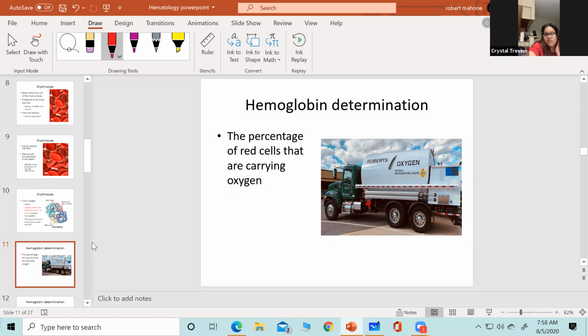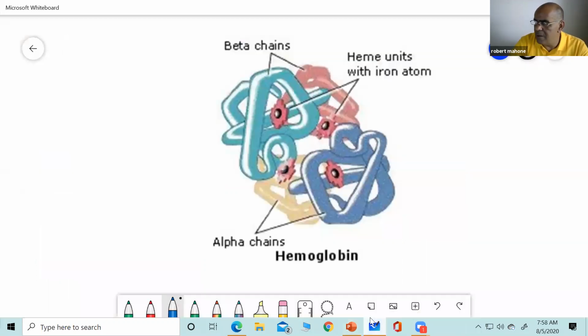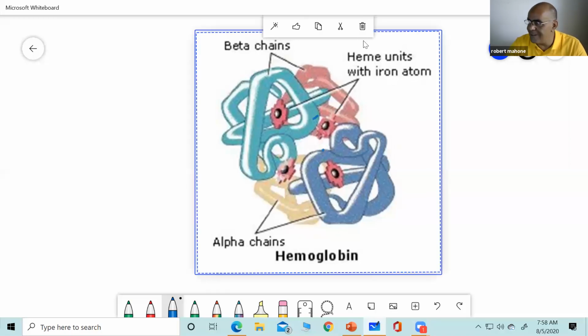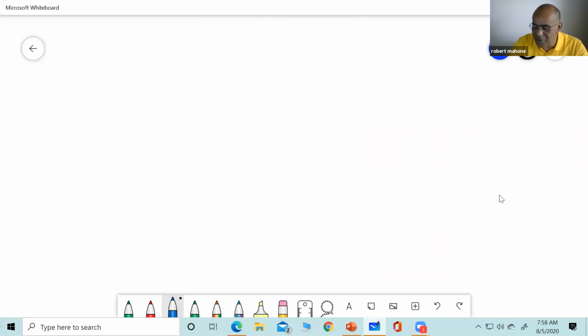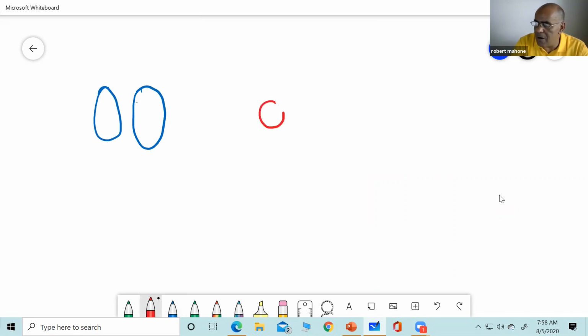All right. Remember that in your body, here is your lungs, your heart, which is the pump, and then down here will represent your tissues.